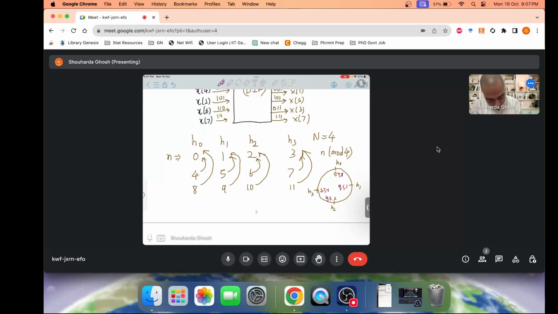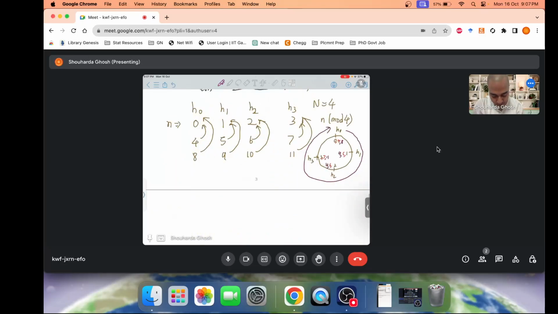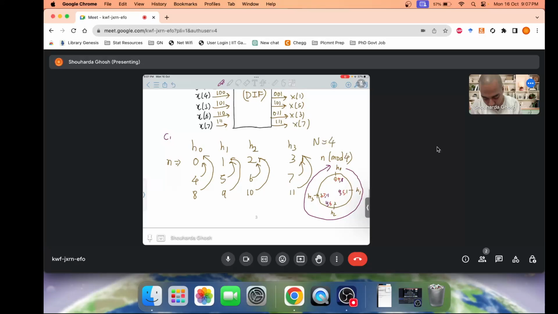Okay, so everything moves or rotates in this direction. This is the circular addressing mode.